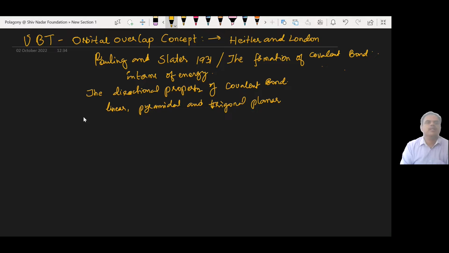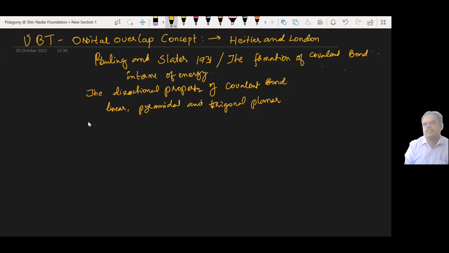So why are some molecules linear, why are some pyramidal, why are some trigonal planar? We'll discuss in detail these directional properties of the covalent bond.